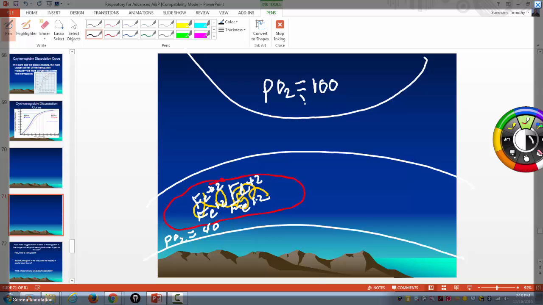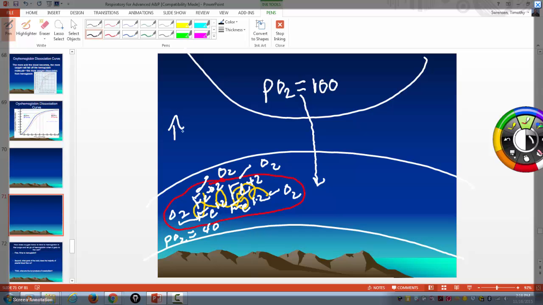So as PO2 moves from the alveoli and gets dissolved in the plasma, it makes oxygen want to bind to the iron on hemoglobin. And the higher the PO2, the easier it is for oxygen to bind to the iron on hemoglobin. Where do you have high PO2? In the alveoli, in the pulmonary capillaries.